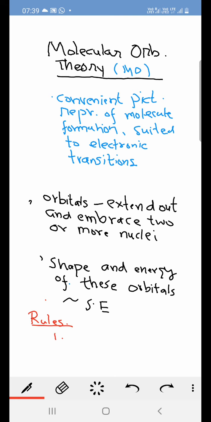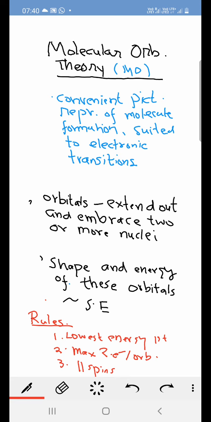The first one is that the lowest energy goes first, the second rule is that a maximum of 2 paired electrons per orbital, and the third one is parallel spins in degenerate orbitals. These are the three rules.